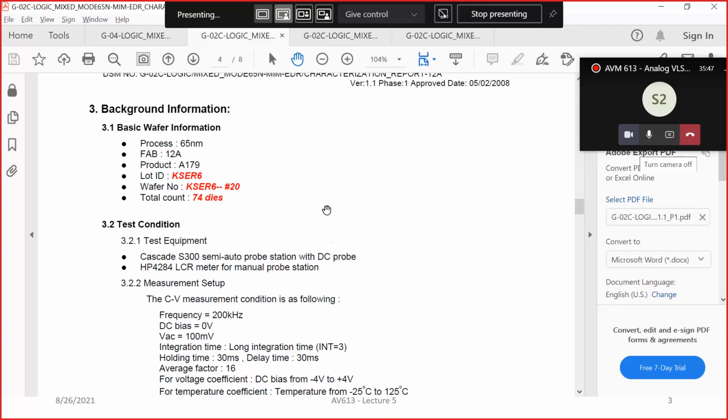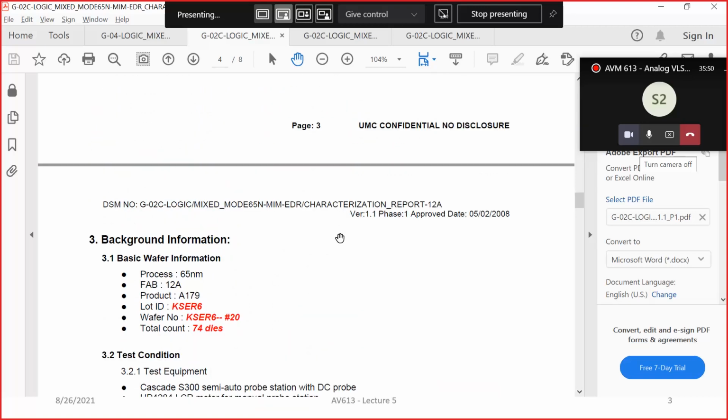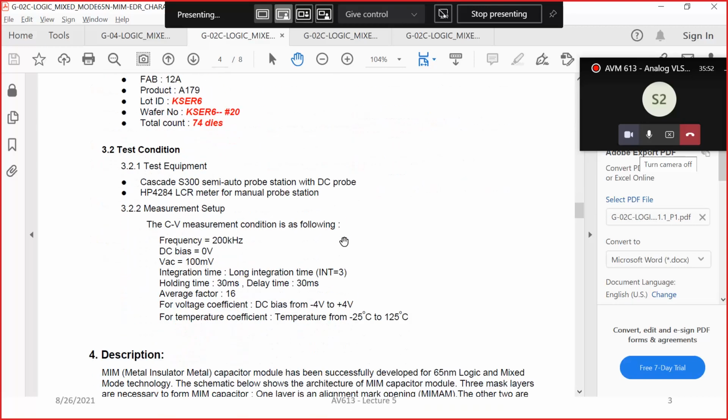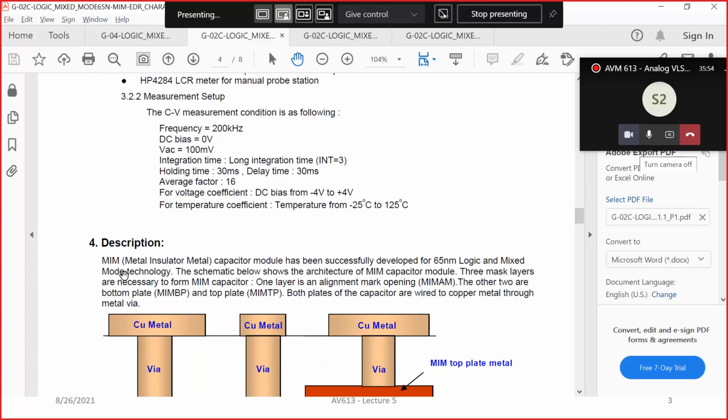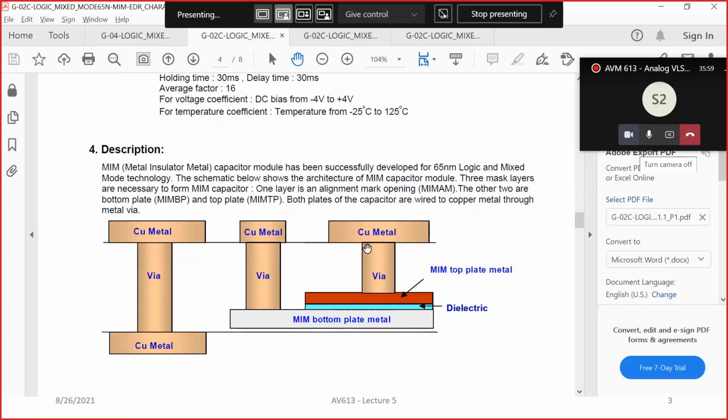Now, this is one type of capacitor which is called a MIM capacitor. The reason it is called a MIM capacitor is because it is a metal insulator metal capacitor. MIM capacitors are not offered on all different processes, but in this technology node it is offered. The way it is done is that this MIM capacitor sits between two metal layers. This copper metal in this technology node is metal 7 and this is metal 6. So between metal 7 and metal 6 you have this capacitor arrangement.